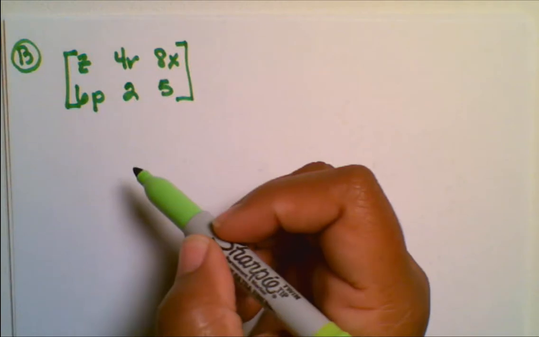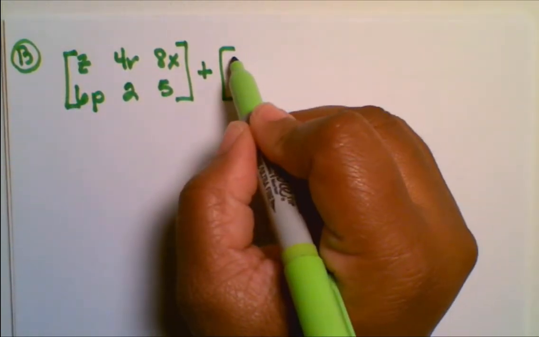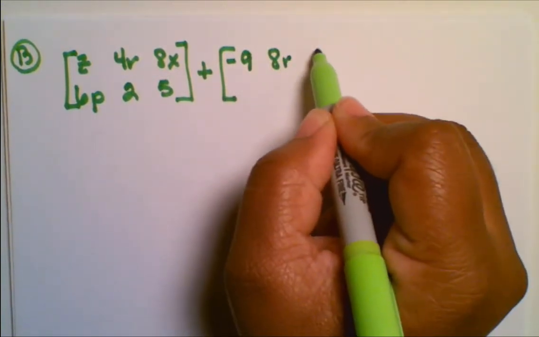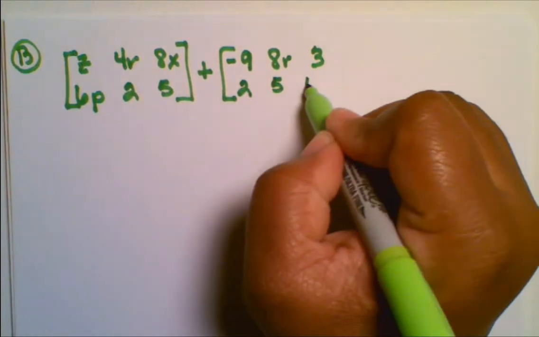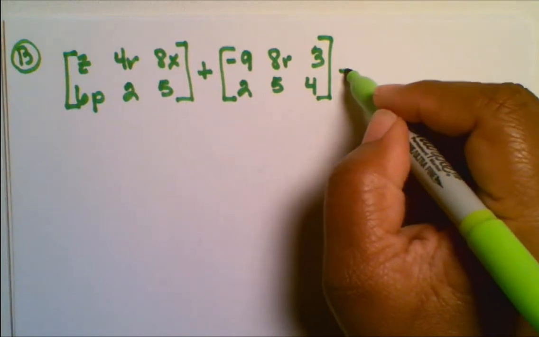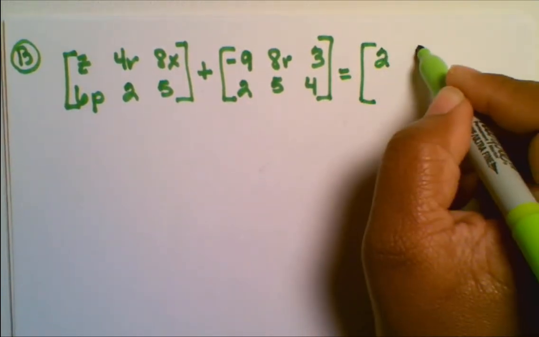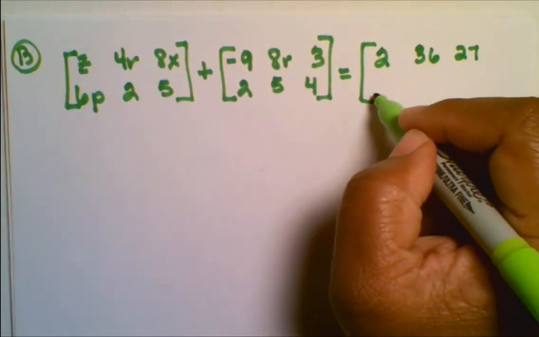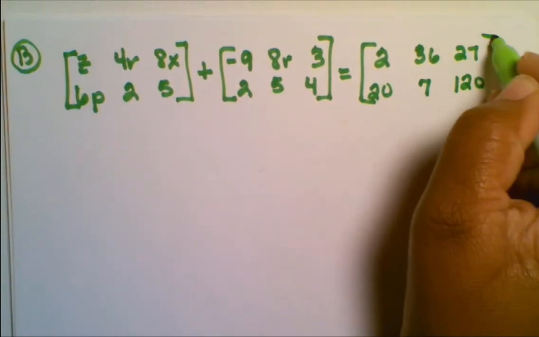We have a 2 by 3 matrix plus our next matrix. We have -9, 8R, 3. We have 2, 5, 4. Here's another 2 by 3 equals 2, 36, 27. We have 20, 7, and 120.